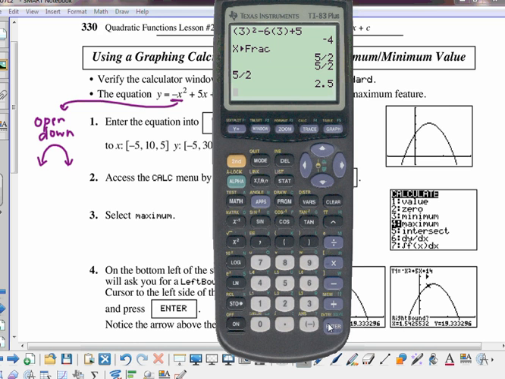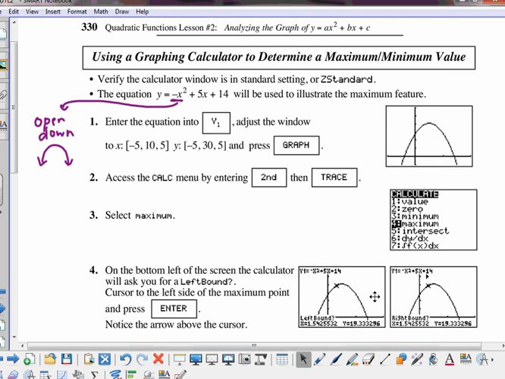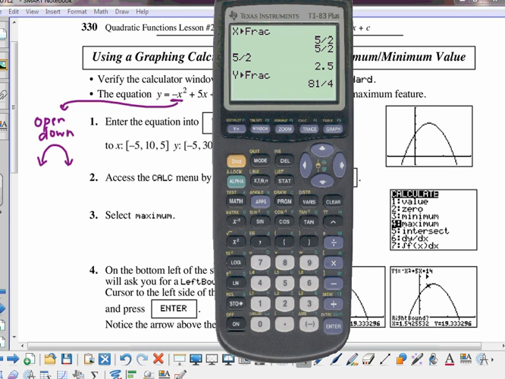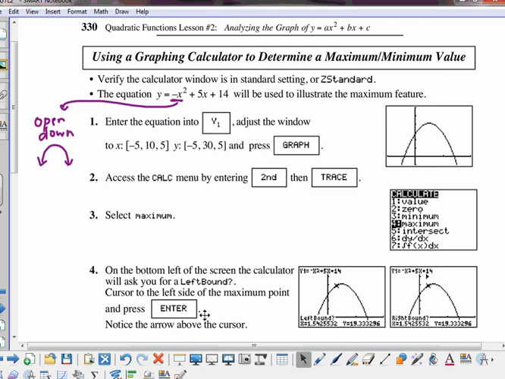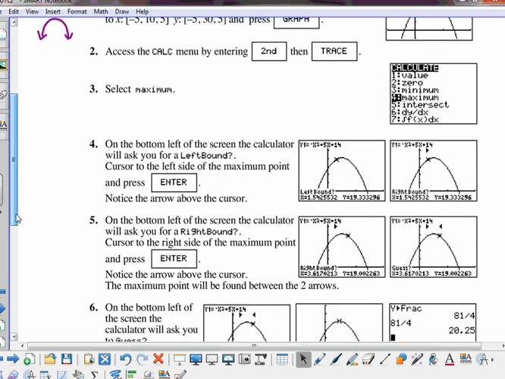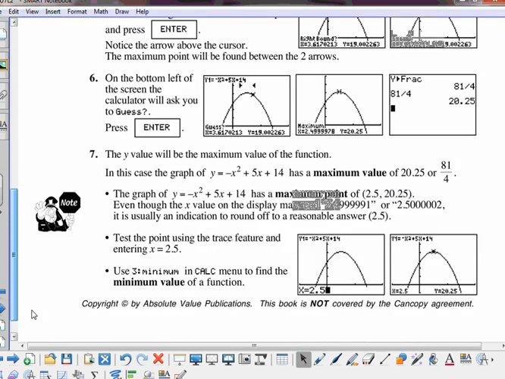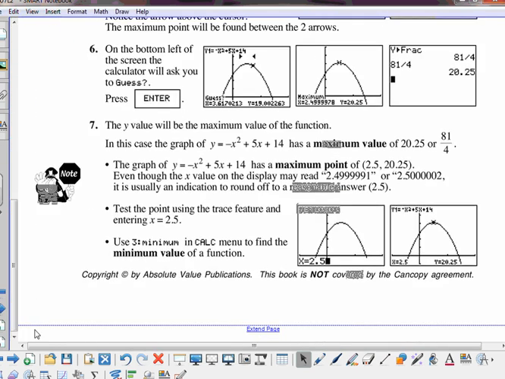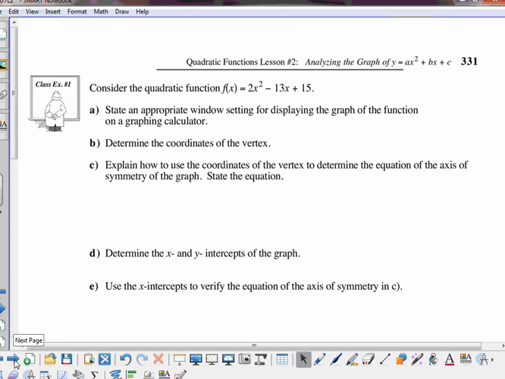And alpha 1, math, enter, enter, will give you your y value, 81 over 4. Okay, so that's alpha 1. To get y, alpha 1, 1. Alpha is the green button. Okay, so let's move on. So that's using your calculator.